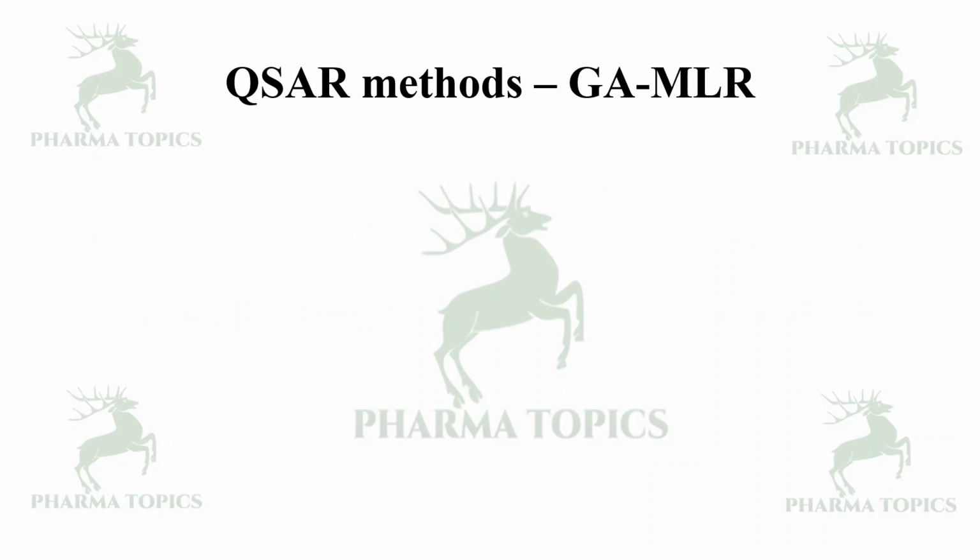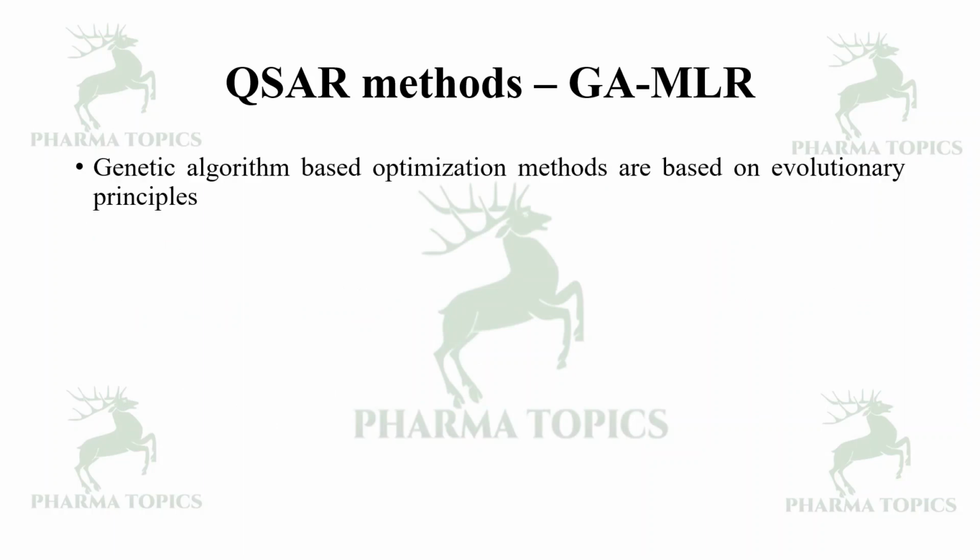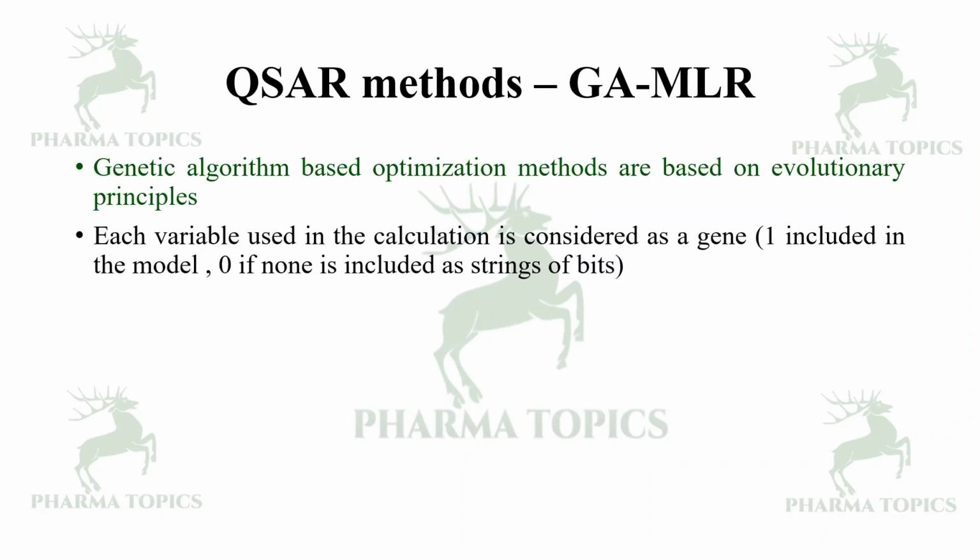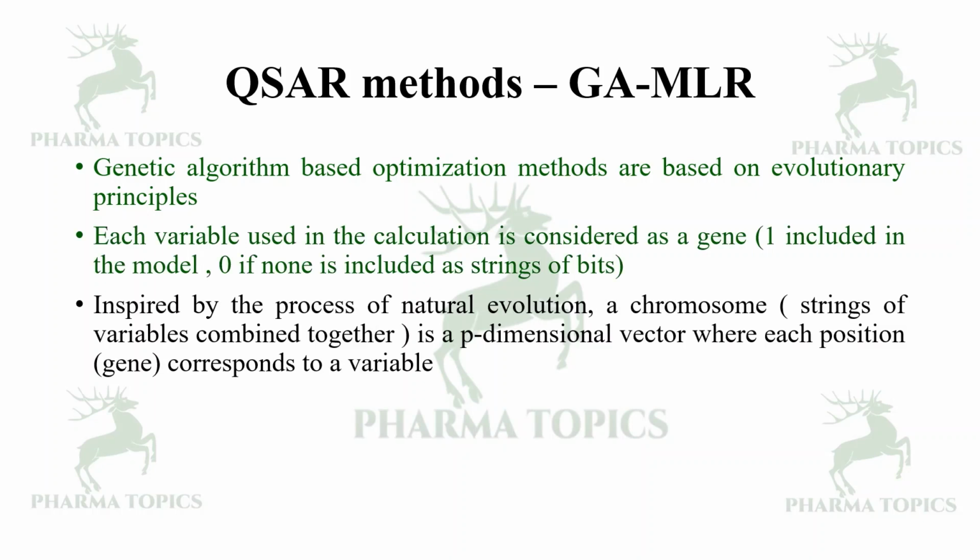The next method is GA-MLR. Genetic algorithm based optimization methods are based on evolutionary principles. Each variable used in the calculation is considered as a gene. It is 1 if included in a model, 0 if not included, in the strings of bits. Inspired by the process of natural evolution, a chromosome is a string of variables combined together.